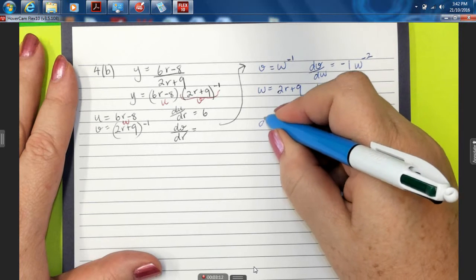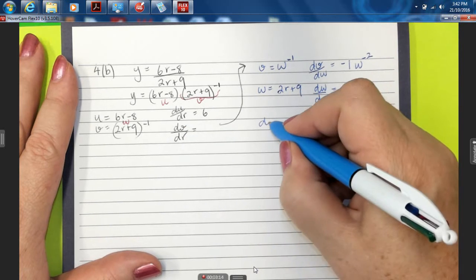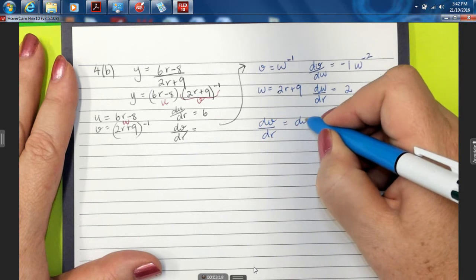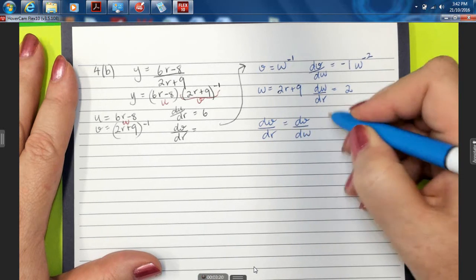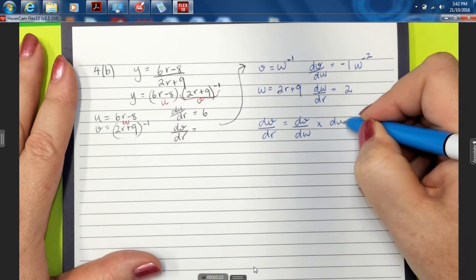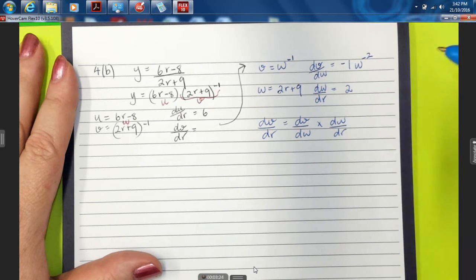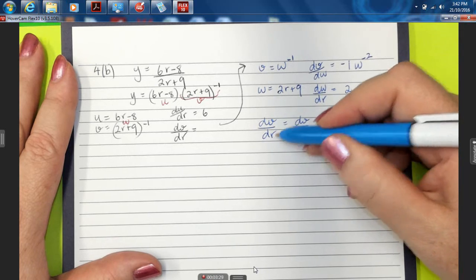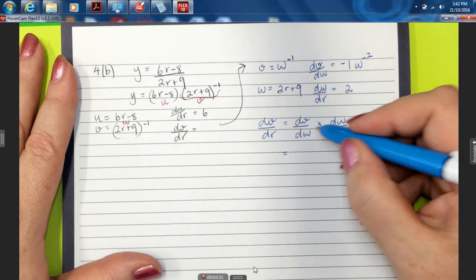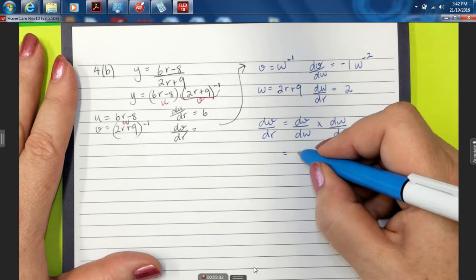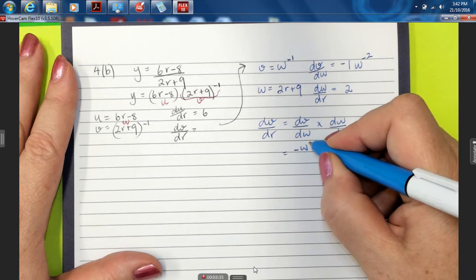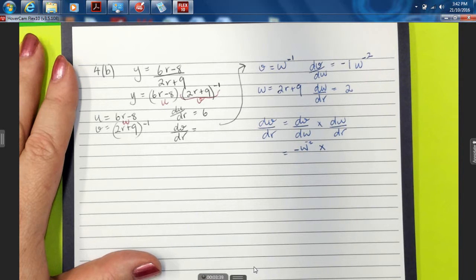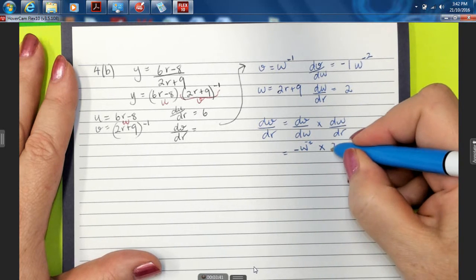The chain rule says dv/dr is equal to dv/dw times dw/dr. These two have to match, and these two have to be the same as these two. dv/dw is minus w to the negative 2 times dw/dr, which is 2.